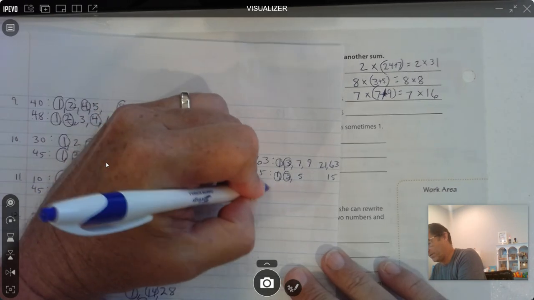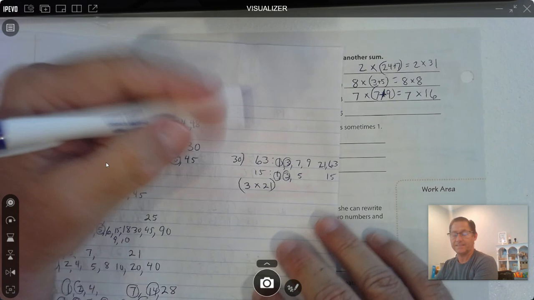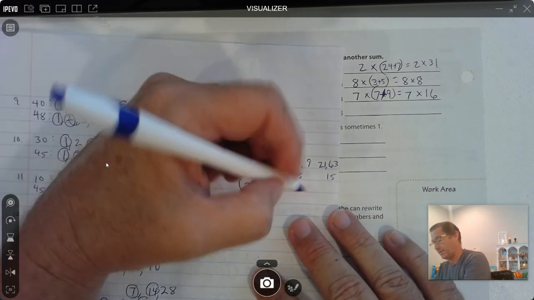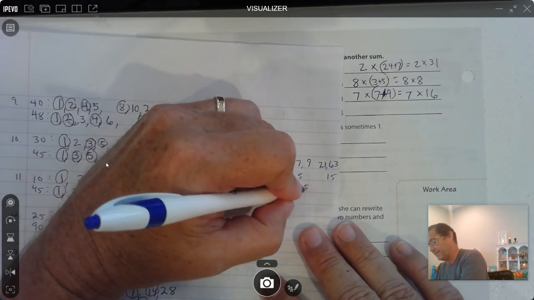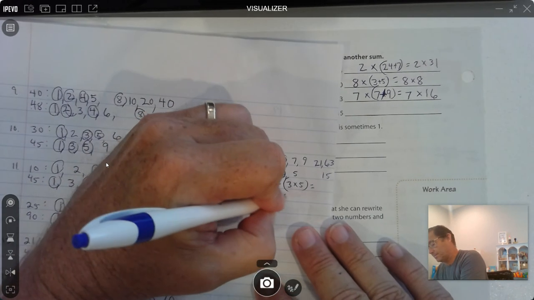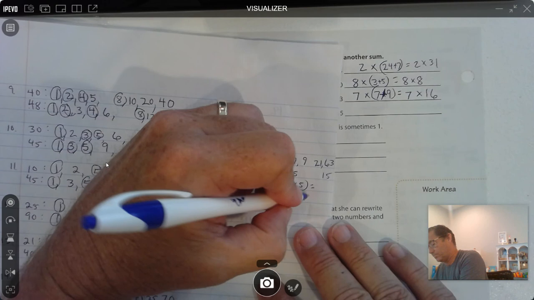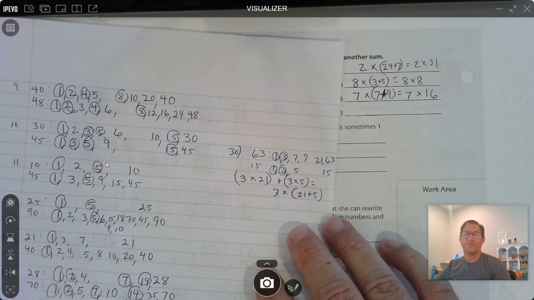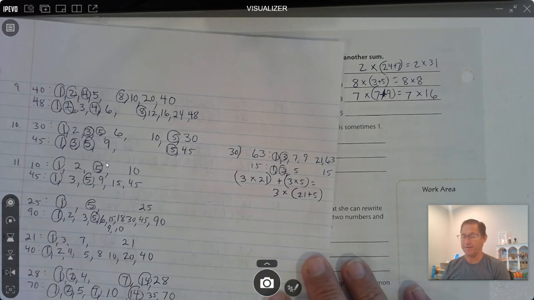So 63 can be rewritten as 3 times 21, and 15 can be rewritten as 3 times 5, which is the same as saying 3 times the sum of 21 and 5.